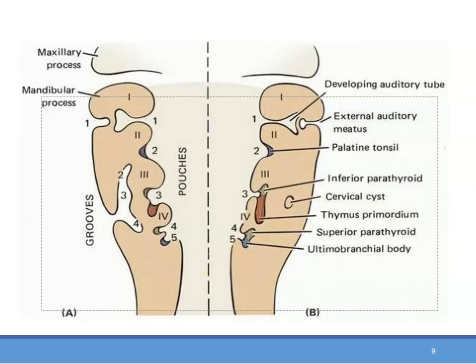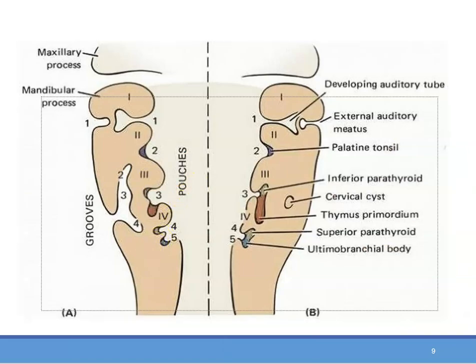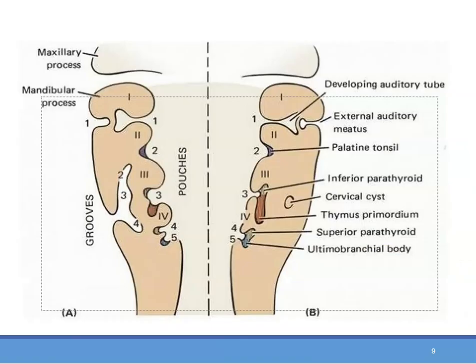We also have grooves. Remember how I said those lines that we're looking at? Those are grooves. They're also known as, let's see, it says here vertical grooves, right? So they're basically branchial grooves, or some people call them pharyngeal grooves, because these two words are the same. So let's look at these grooves.